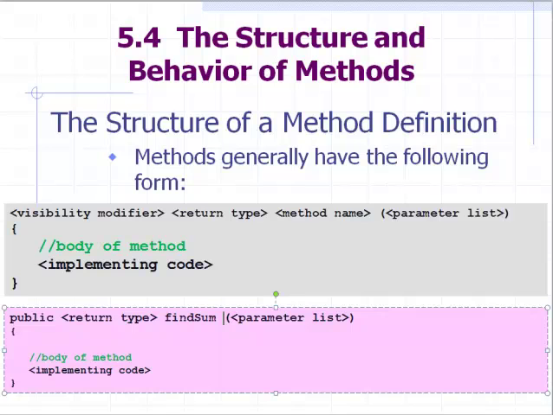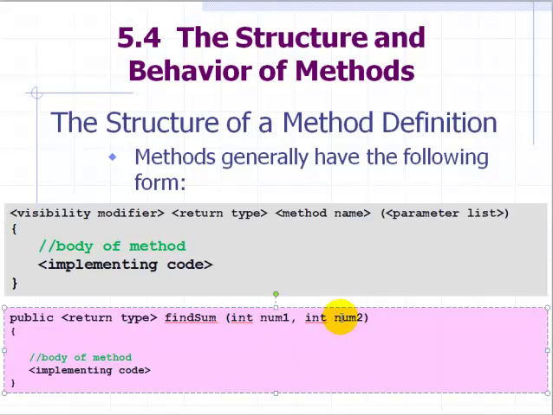I'm going to take the value of 2 integers and add them, and that's going to be my result. Notice I've not gone to the return type yet.